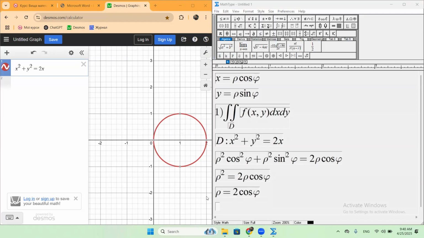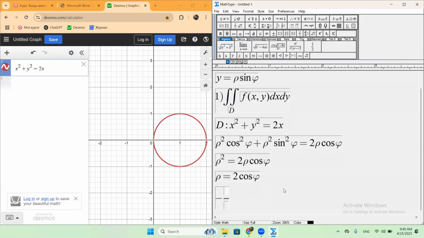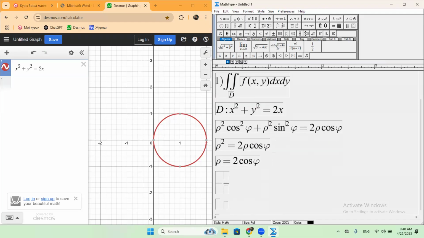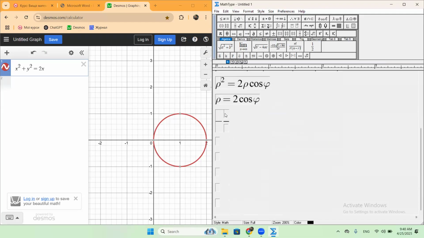And in our case, we can see that phi changes from minus pi over 2 to pi over 2, and rho changes from 0 to 2 cosine of phi.